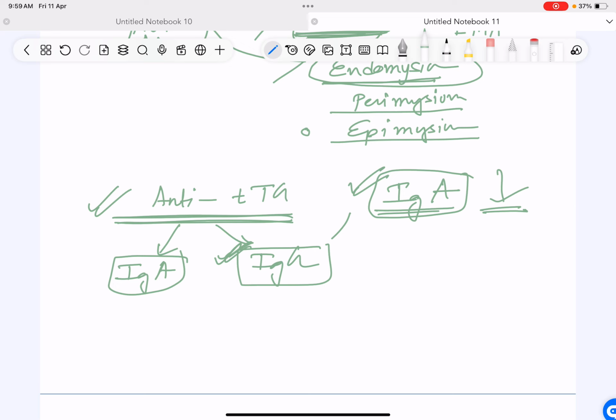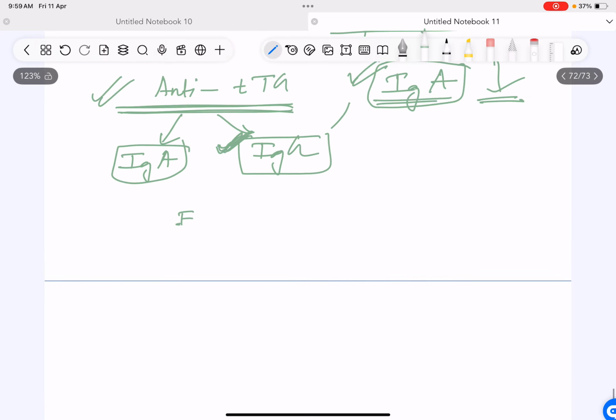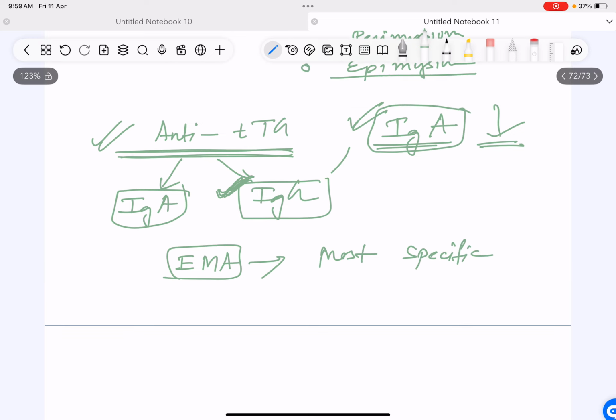Now you can be very sure that the patient has celiac disease, but to confirm it, you check for the EMA, endomysial antibodies. EMA is the most specific, but it is not the most sensitive. So first you order anti-TTG with IgA. If IgA comes low, you order IgG anti-TTG, and for confirmation you order endomysial antibodies.